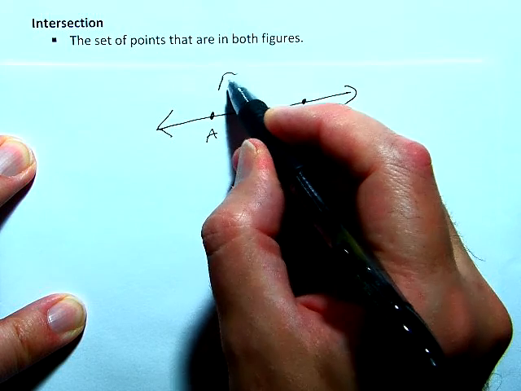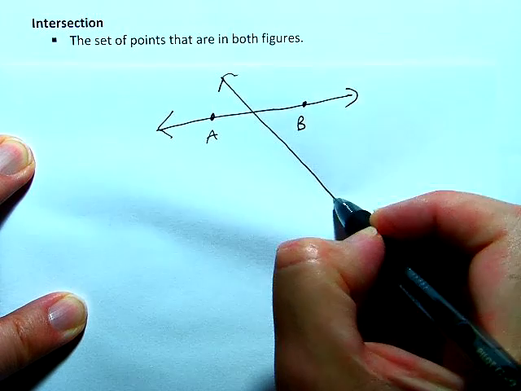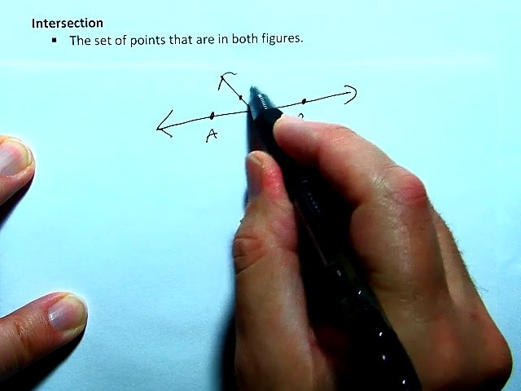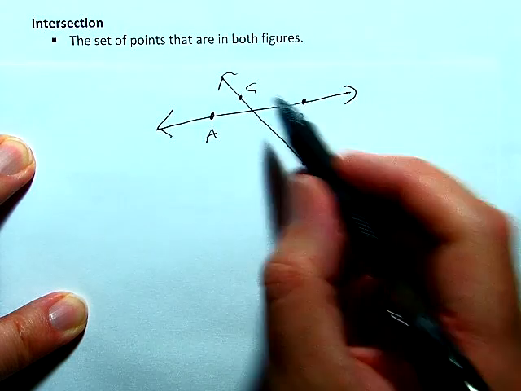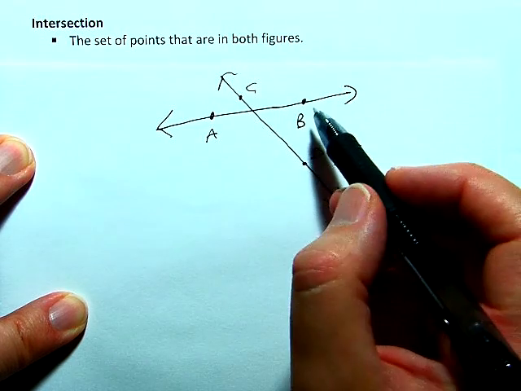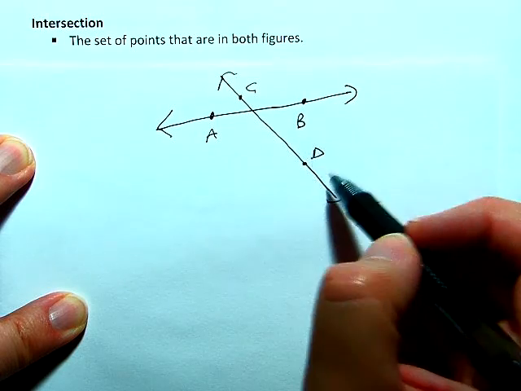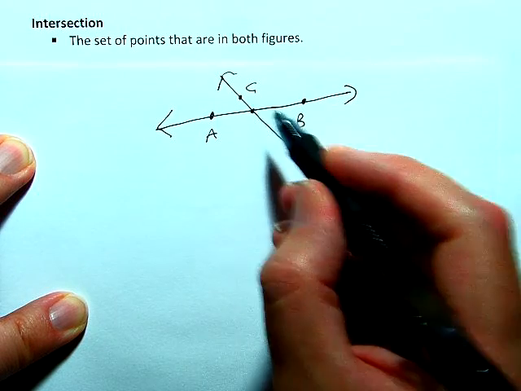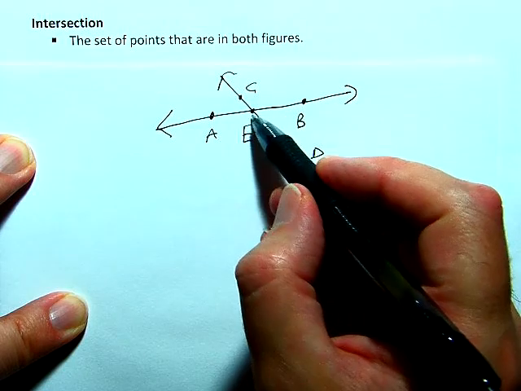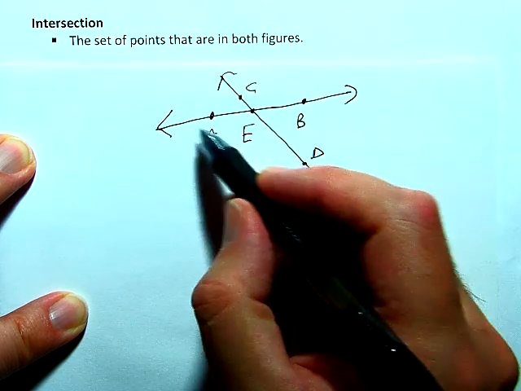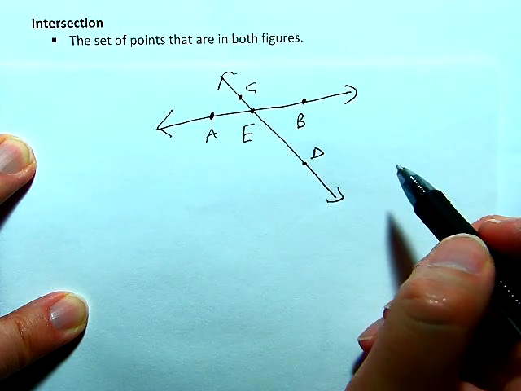And let's say I had another line here that crossed line AB, with points C and D on it. Then these are not parallel lines. They don't have the same distance between each other. They intersect. We can name the point of intersection point E if we want. And that point E is the only point that both lines have in common.